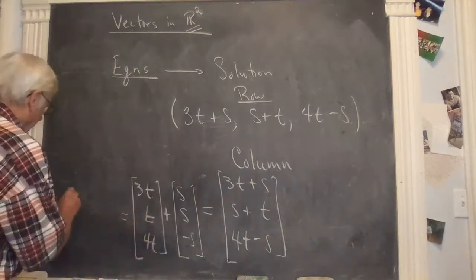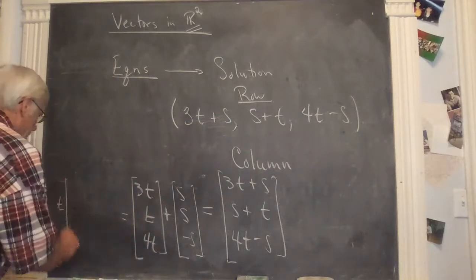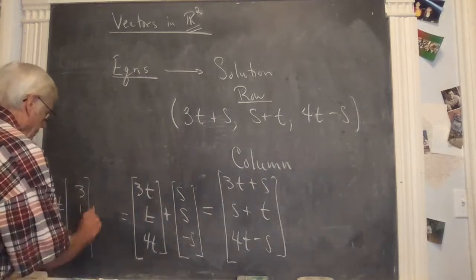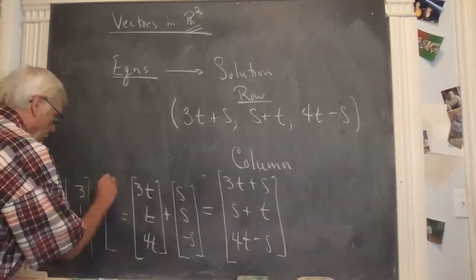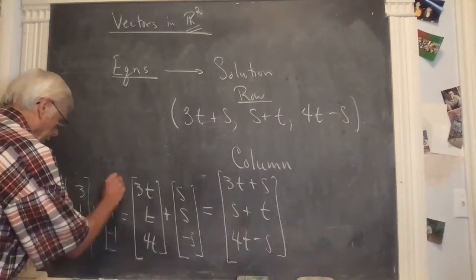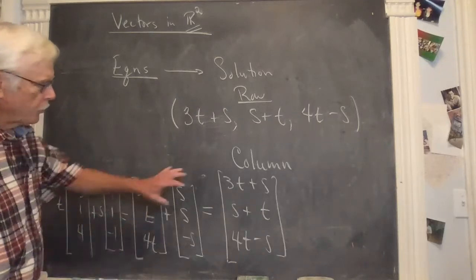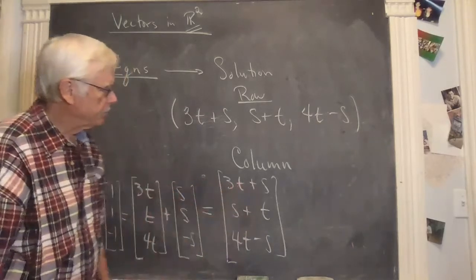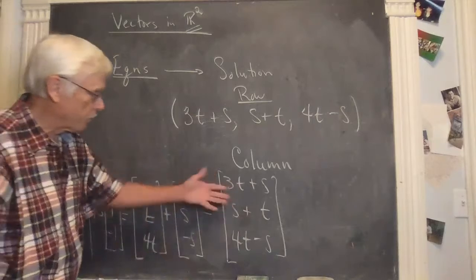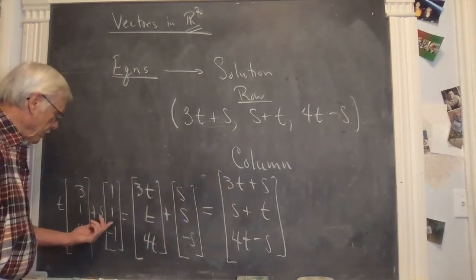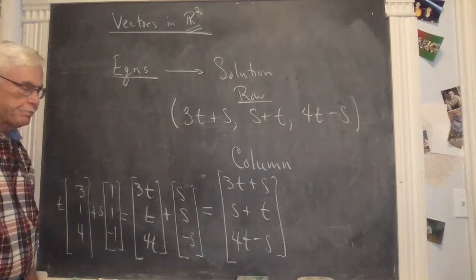And now you can factor out the variable. So t times 3, 1, 4 plus s times 1, 1, minus 1. So you can write the solution, this particular solution, as a linear combination of this vector and this vector.